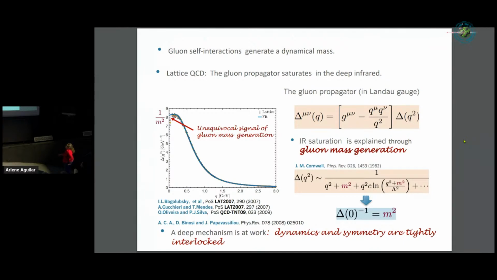Okay, so many different lattice groups have seen this, but this was proposed many years ago, much before the lattice. Well, lattice was taking its first steps. The proposal of a gluon mass was first made by Cornwall in '82. So it was a theoretical proposal, and afterwards it was confirmed.